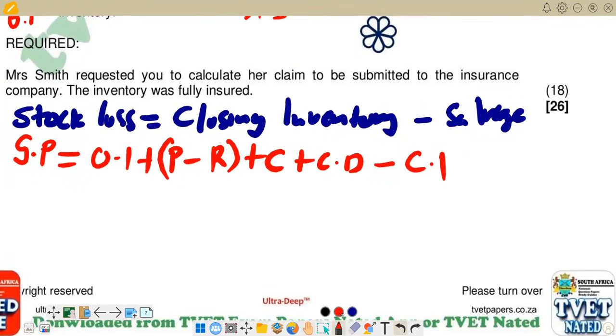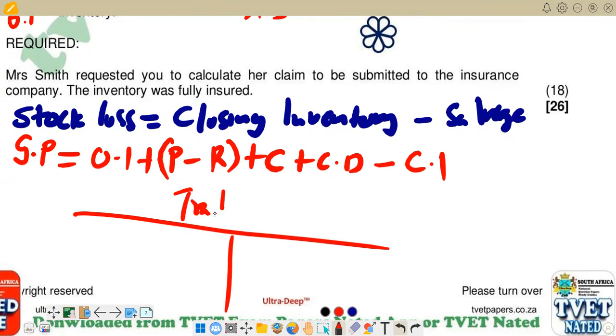Basically in that T account, which is the trading account, you'd see that our opening inventory will be on the debit side, and then also our purchases come on the debit side, and our purchase returns can come on the credit side as purchase returns, or we can subtract them here to get a net figure for purchases.